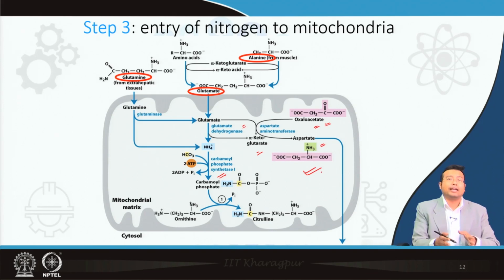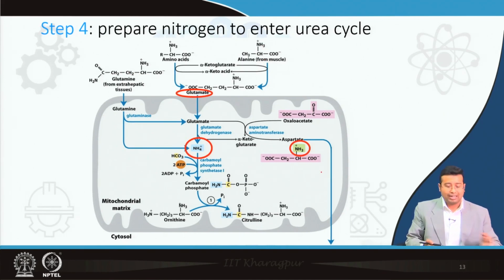So, this is how the nitrogen, after entering the mitochondria, is prepared in the form of carbamoyl phosphate or aspartate to participate in the urea cycle, right.